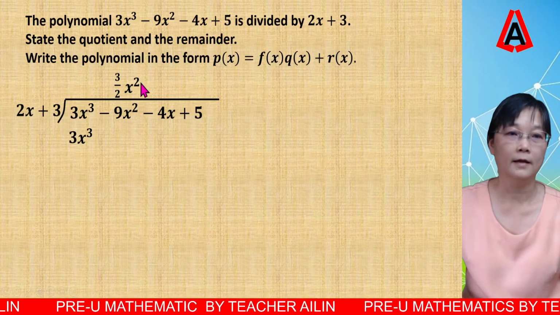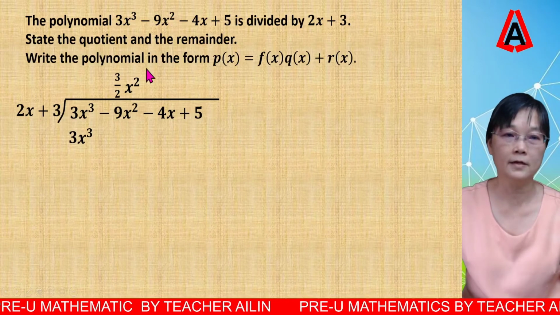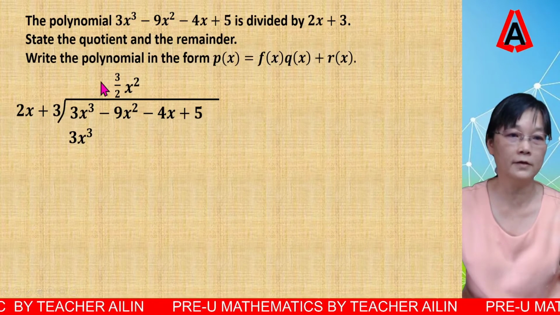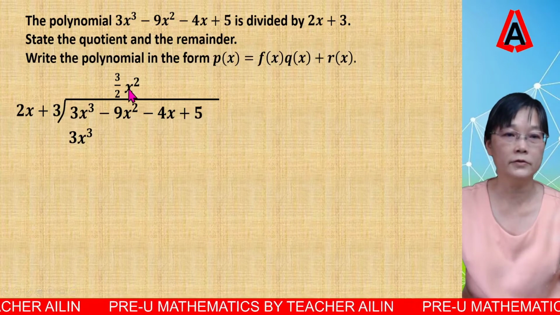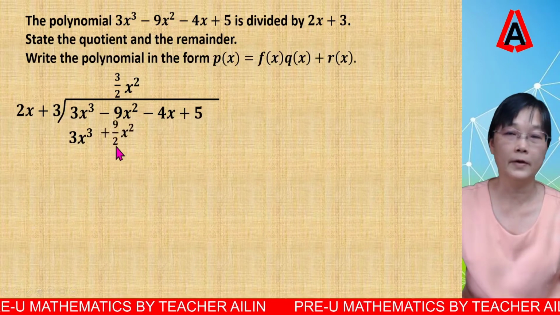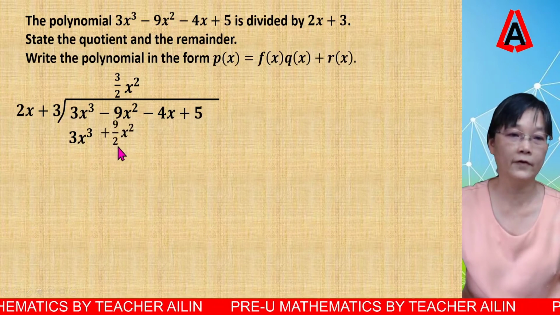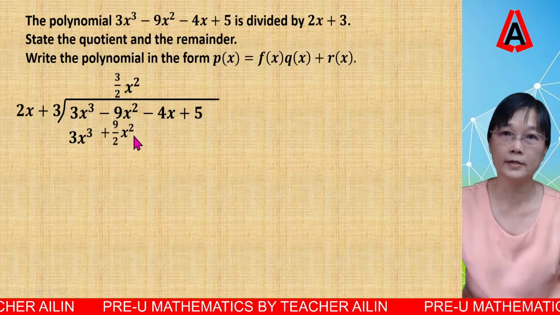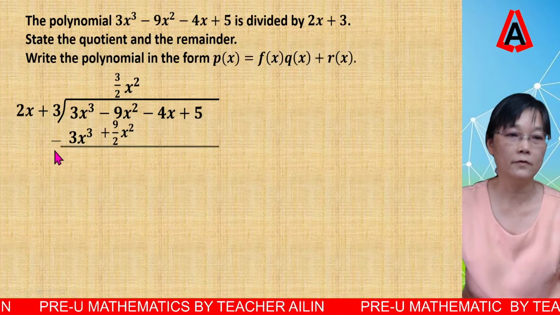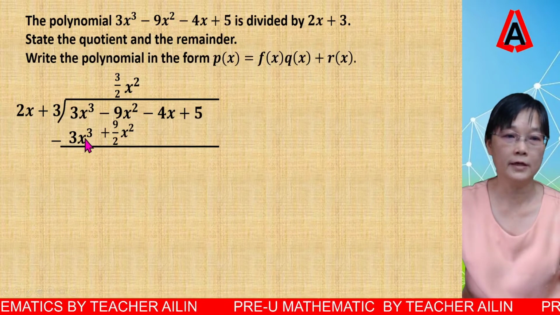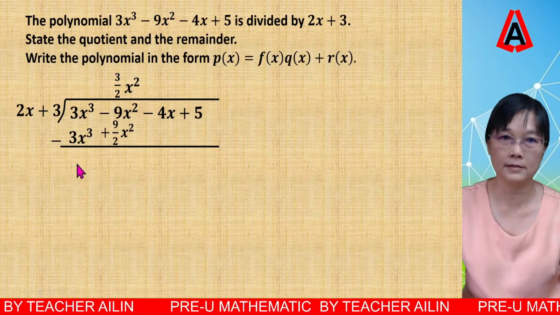After we have got the first term in the quotient, we can continue with the following: 3 over 2x squared times 3. Then by pressing the calculator, we find that it is equal to 9 over 2 x squared. Now we subtract. 3x cubed minus 3x cubed is 0.